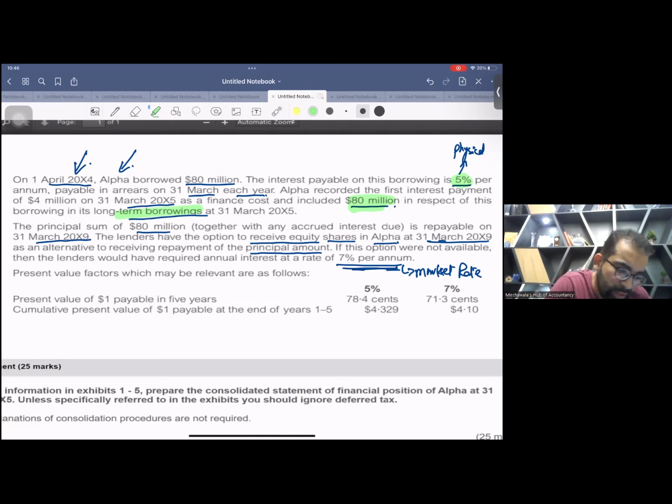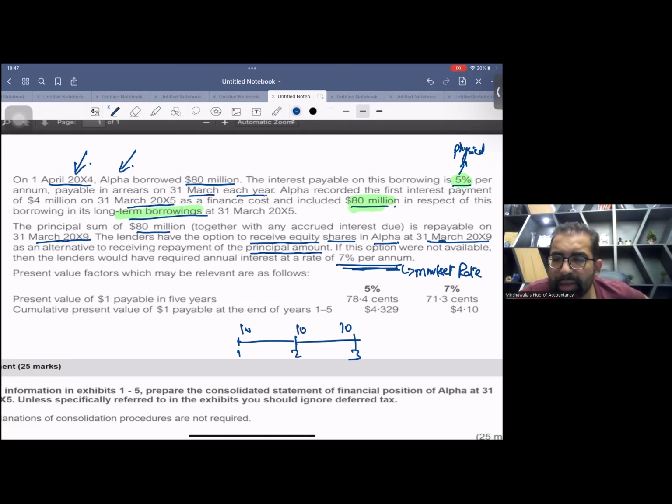They have given you discount factors. I hope now you are students of the IFRS diploma. You remember annuities. If there are same cash flows, for example year 1, year 2, year 3: 10, 10, 10, recurring in equal intervals of time, such a series of payments is called an annuity.